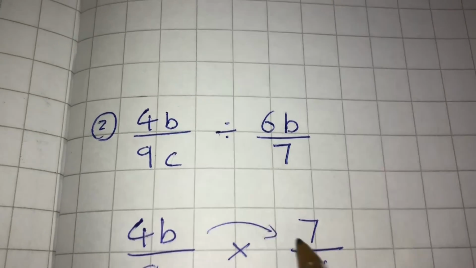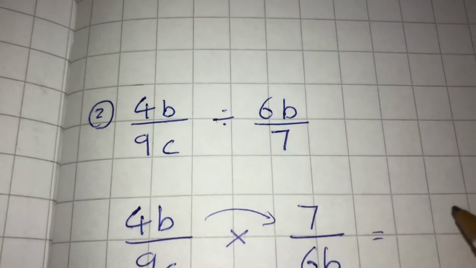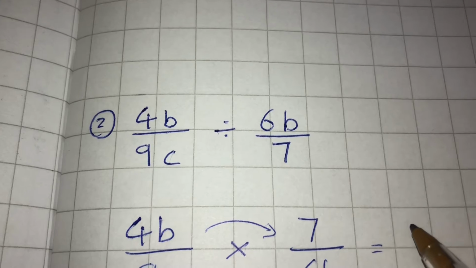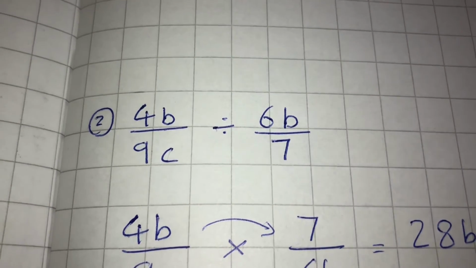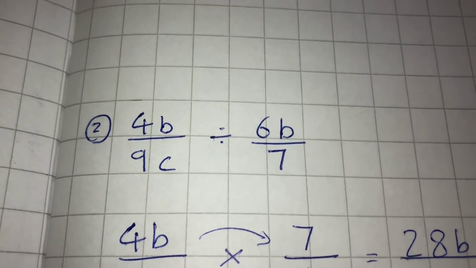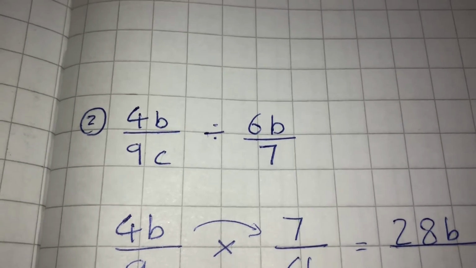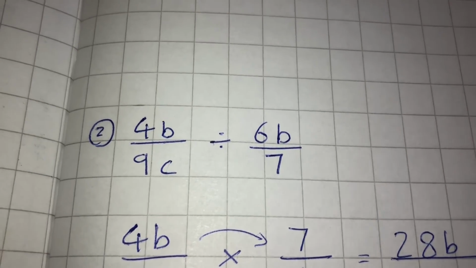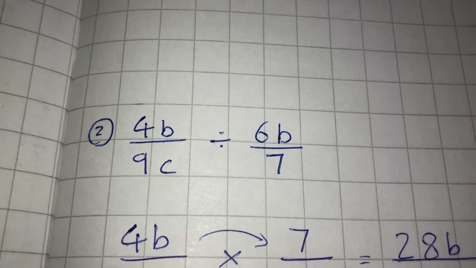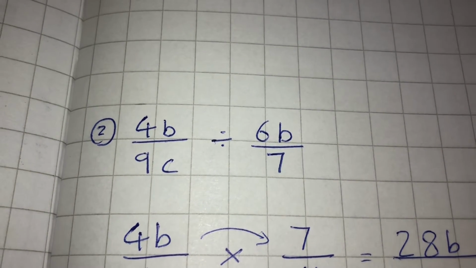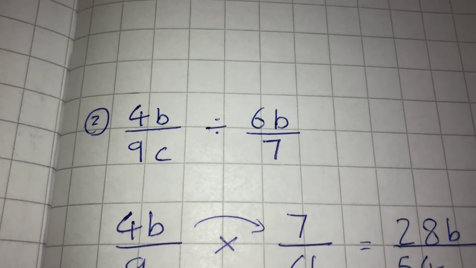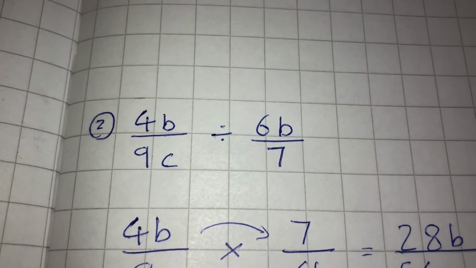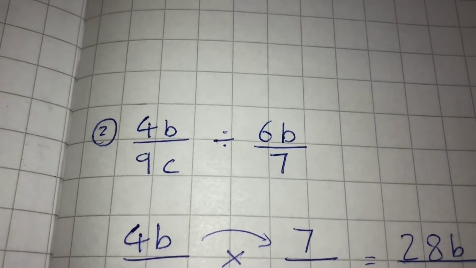So now multiply the numerators. 4b times 7 gives me 28b. It's actually 7 4s, 7 4s are 28, plus the b. On the bottom, we've got 9c by 6b, so 9 times 6, 9 6s are 54. And c times b is just bc.